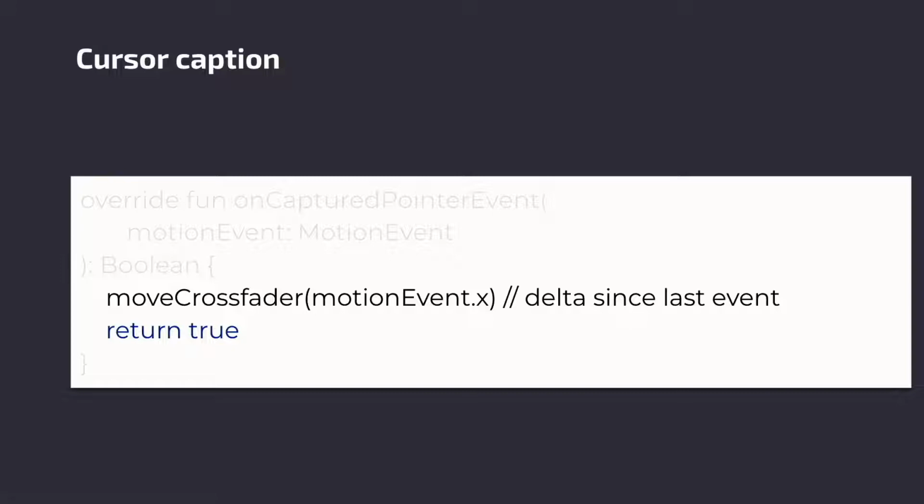Of course, the pointer is not displayed anymore, so it's not that. The values inside the motion event are relative movement since the last event. So with this delta value, we can change the crossfader and adapt the music produced by the app.